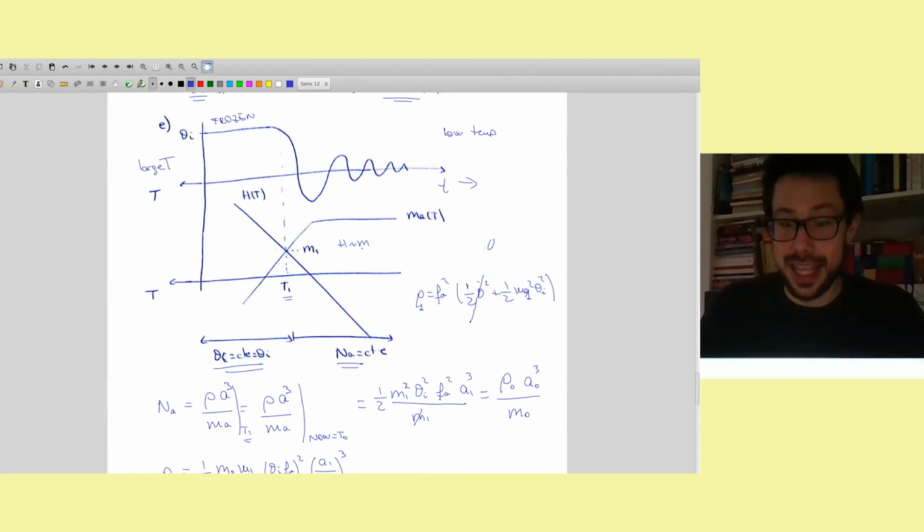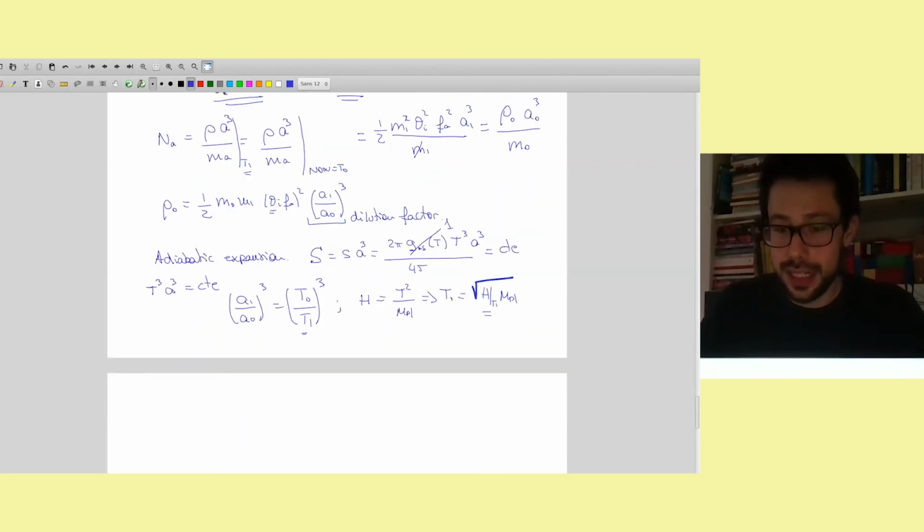This means that H at T1 is nothing but M1. So then T1 equals the square root of M1 times M Planck.